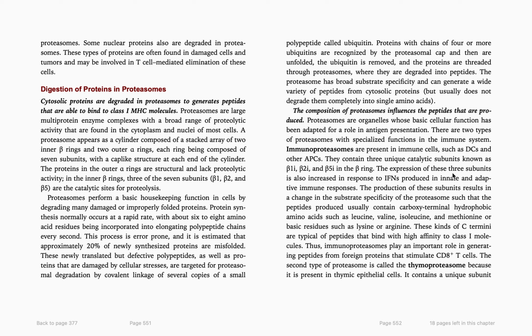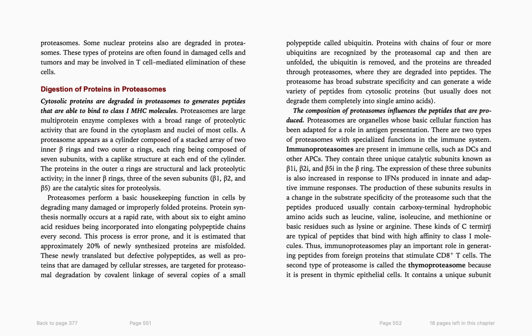The expression of the three subunits is also increased in response to interferons produced in innate and adaptive immune responses. The production of these subunits results in changes in substrate specificity of the proteasome, such that the peptides produced usually contain a carboxyl terminal hydrophobic amino acid such as leucine, valine, isoleucine, and methionine, or a basic residue such as lysine and arginine.